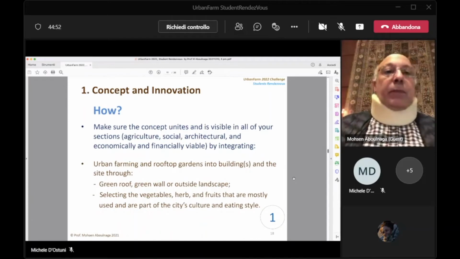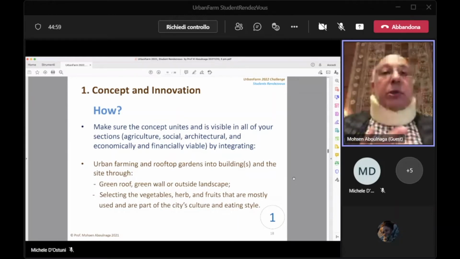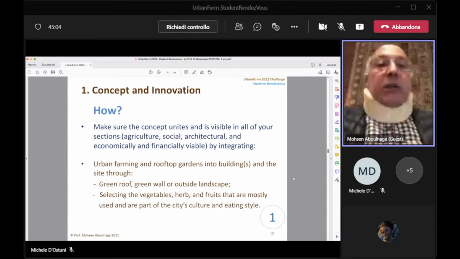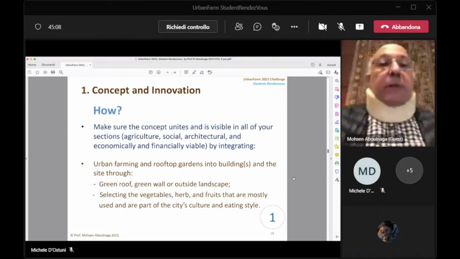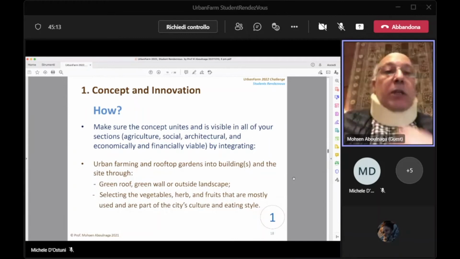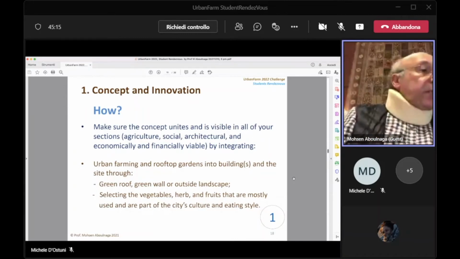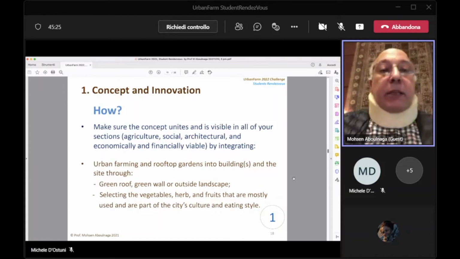Next. Also make sure that the concept unites the visible, whether agriculture, social, architecture, and is economically and financially viable by integrating urban farming and rooftop gardens into the building roof and on the site through green roof, green walls, outside landscape, as Dr. Alessandra focused largely on this section, selecting the vegetables, that's very important, and herbs and fruits that are mostly used and part of the city cultural and eating style.